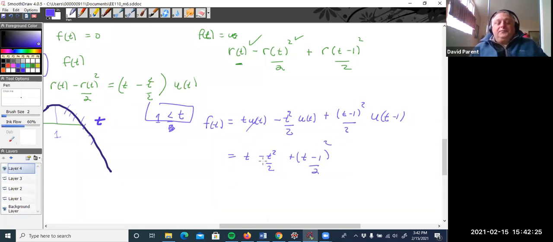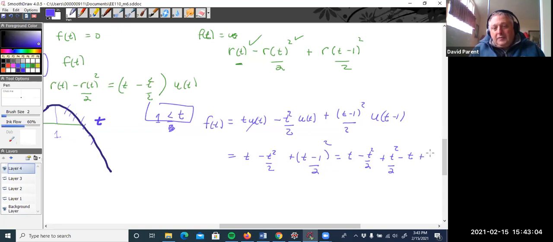Now, this one might still be a little bit hard to figure out, and you have to expand it to really see. So the first part is going to be plus t squared divided by 2. Then I'm going to get minus t.